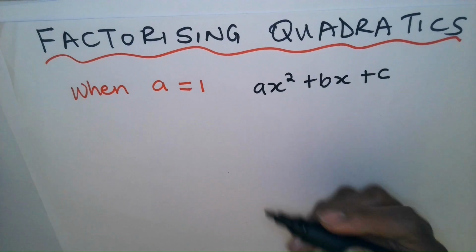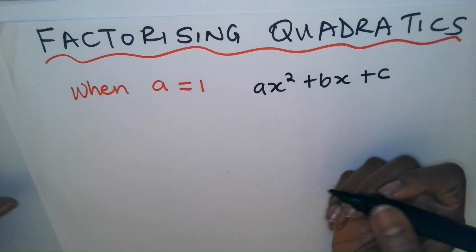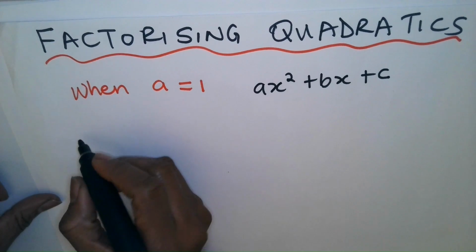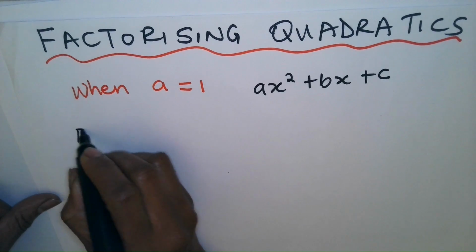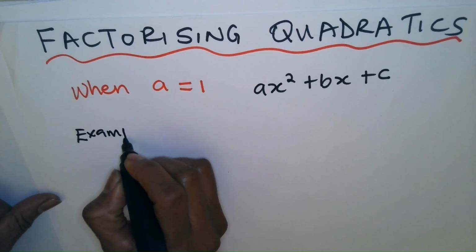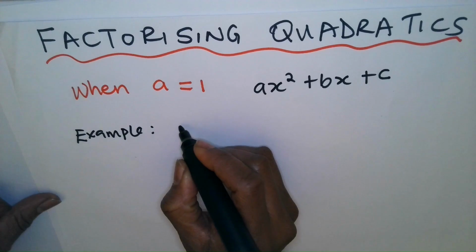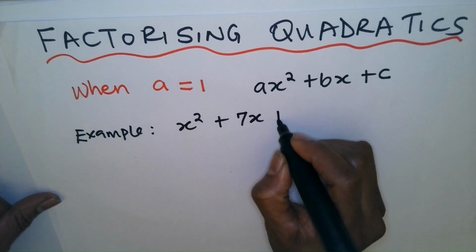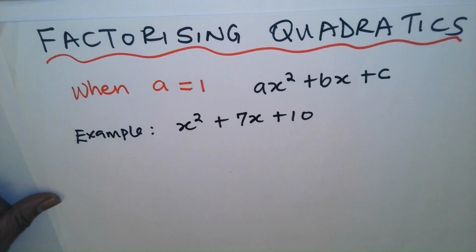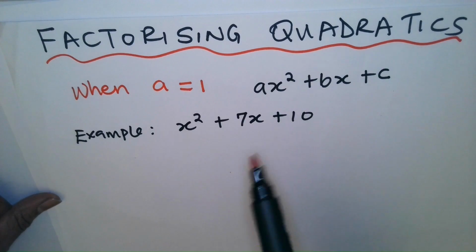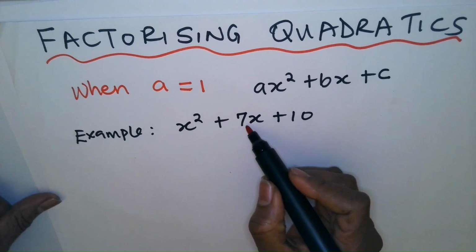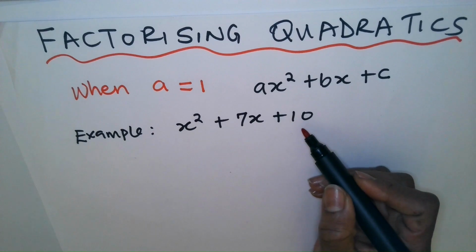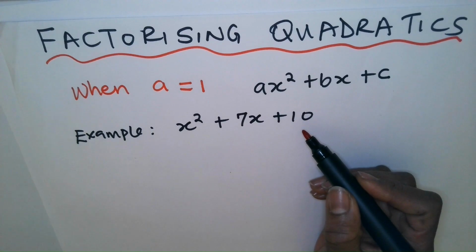So now when a is equal to 1, we've got this example 1. So we're going to find two numbers that add to give us b and two numbers that multiply to give us c.